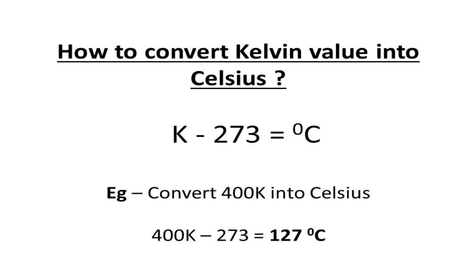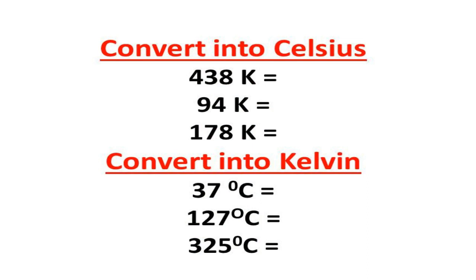For example, convert 400 Kelvin into Celsius. How to solve this? First we write 400 Kelvin and subtract 273. The answer will be 127 degrees Celsius. Now you can answer these questions and mention your answers in the comment section below.